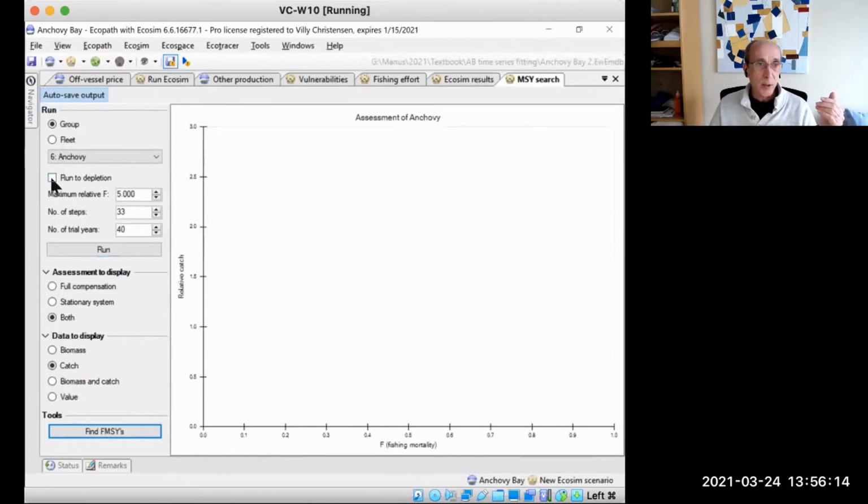Run to depletion here. Let's try it. Basically, I was just trying to do an anchovy, but it doesn't really work here. But it basically is, you have the option, if you say maximum relative F, let's just run it here for anchovy.